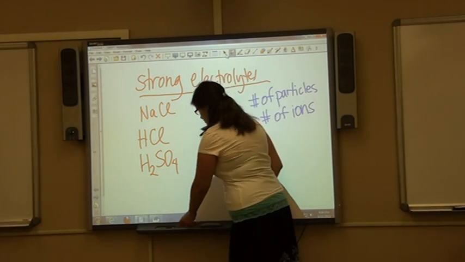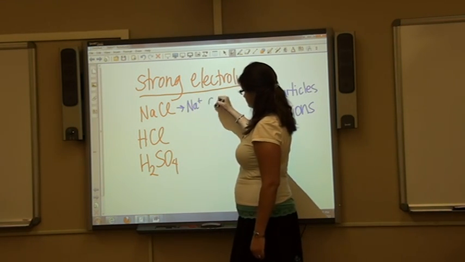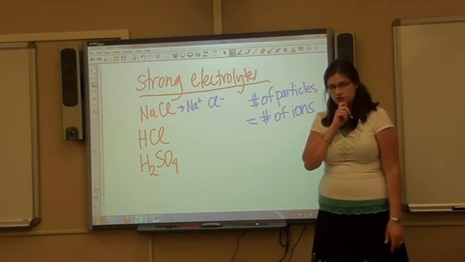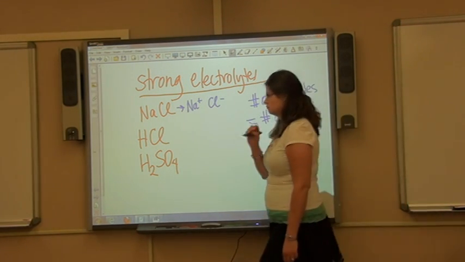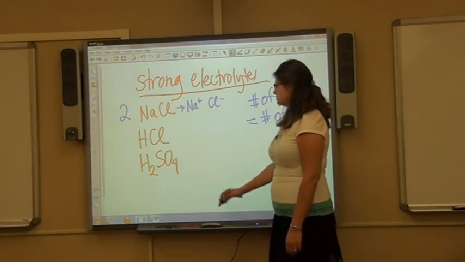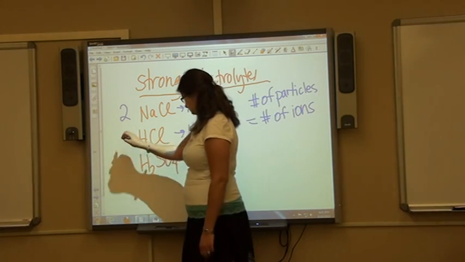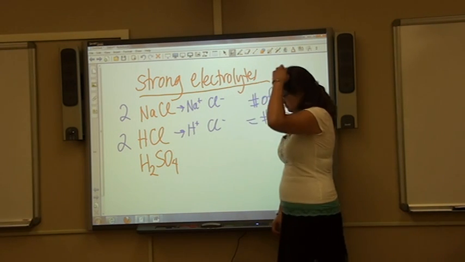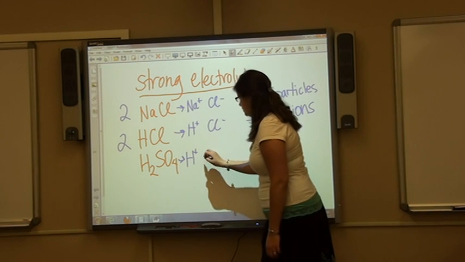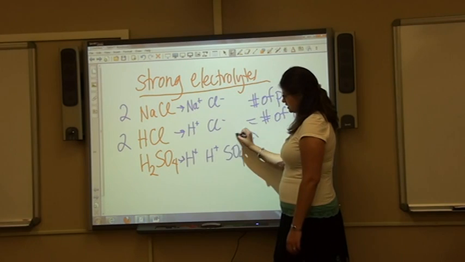Okay, so if you take a look at each compound, here you have a sodium and a chlorine ion. Therefore, you have how many particles? 2. HCl, H plus, Cl minus, 2. H2SO4. Well, you got 2 H's. So you have H plus, and then you have this.